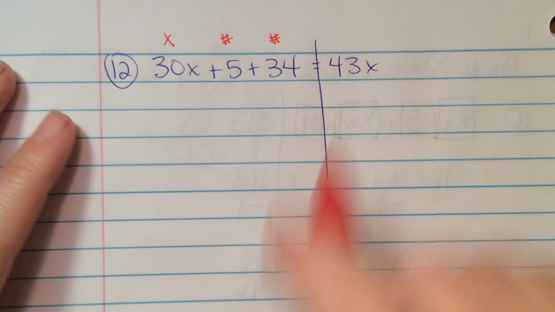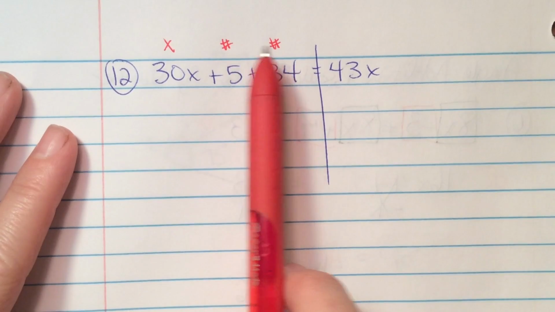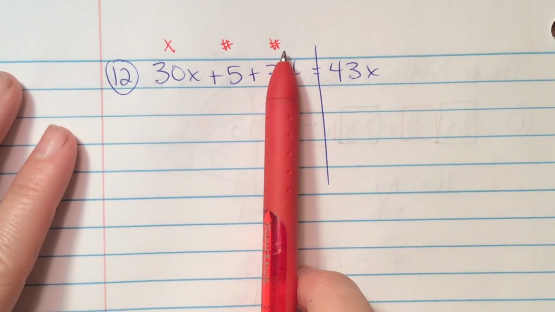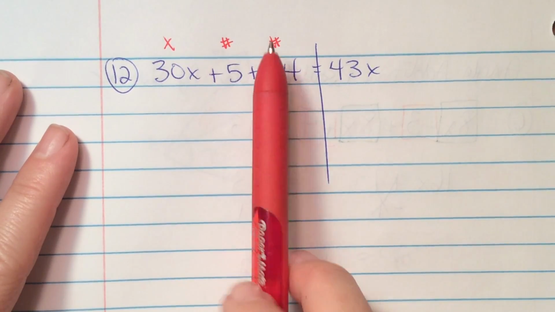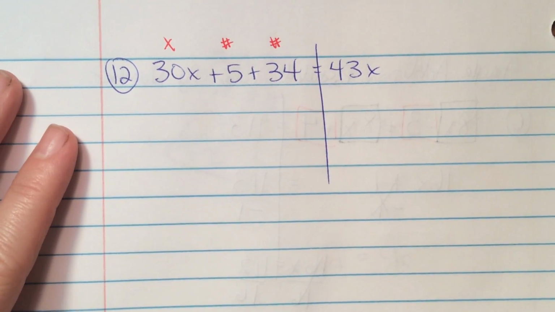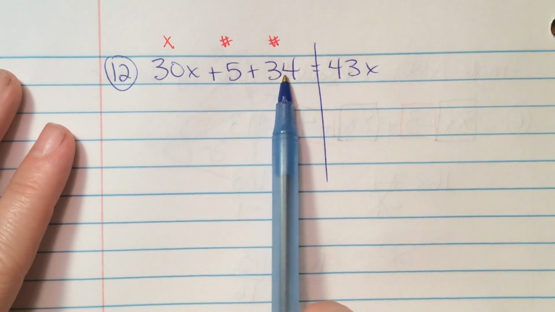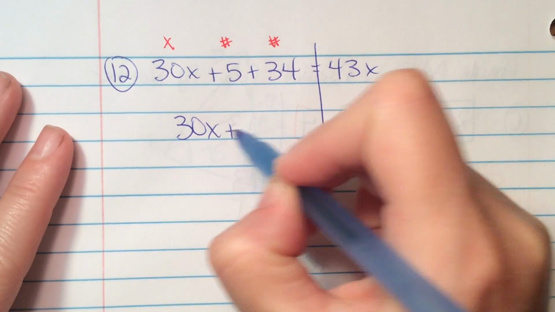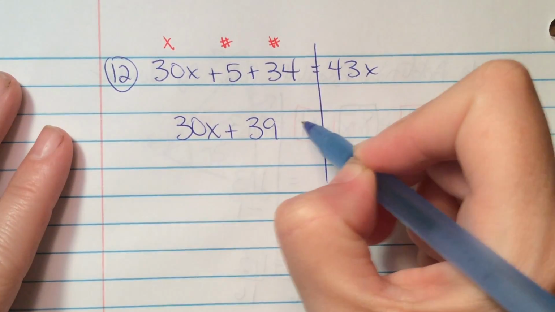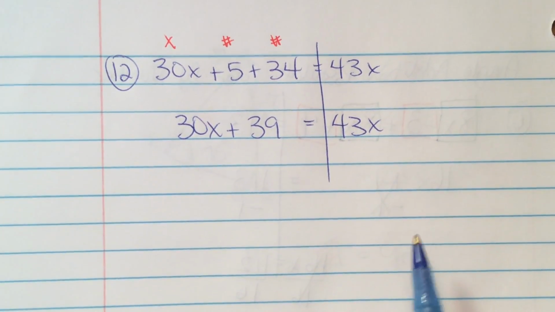I can only put things together that are alike. I can only put these two numbers together because they're not a variable. So we're going to put together the 5 and the 34. We're going to add them together. 5 plus 34 is 39. I can't do anything with the 30x yet because there's nothing on that side of the equation that will add to it.